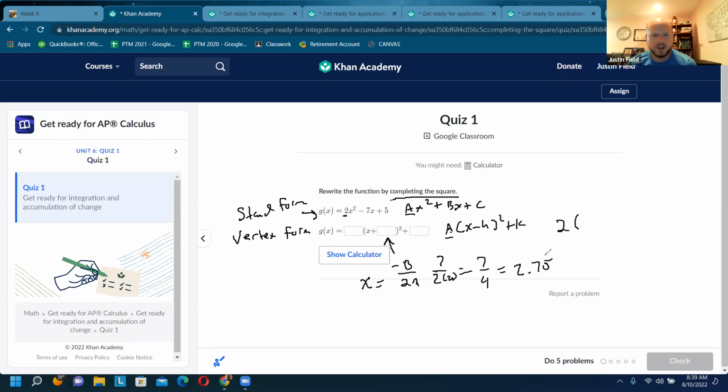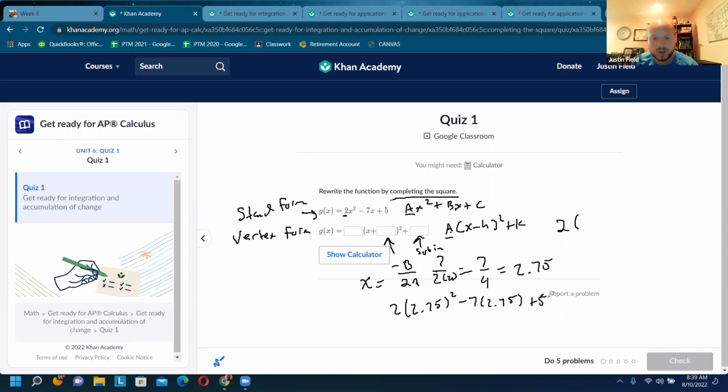And so then we would substitute that in to get the y coordinate. And that is why it's important to keep this sign here, because we want to substitute this in. So that would be 2 times 2.75 squared minus 7 times 2.75 plus 5.